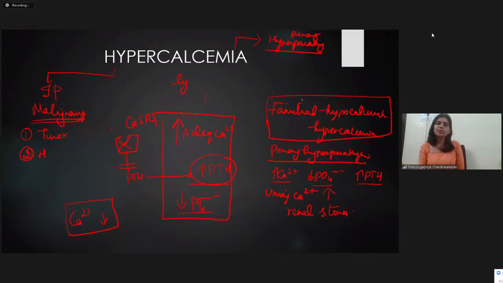And the only way of differentiating the two conditions is by estimating calcium in urine. If calcium level in urine is less than 200 milligrams per day, or if the calcium creatinine ratio is less than 0.01, it is familial hypocalciuric hypercalcemia, in which case you don't have to ask for parathyroidectomy, because familial hypocalciuric hypercalcemia is a relatively benign condition.